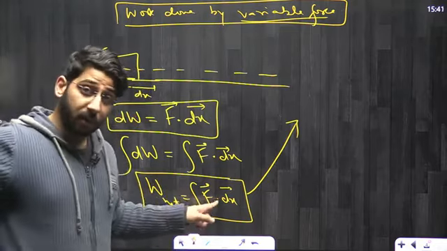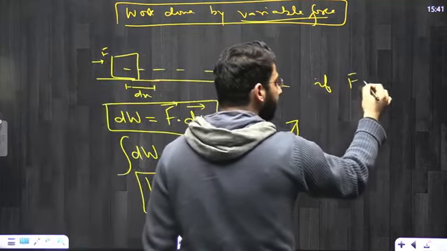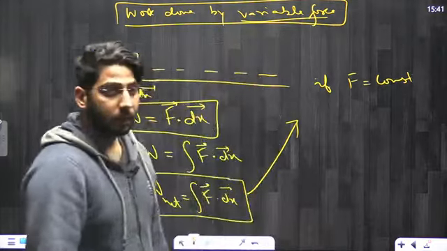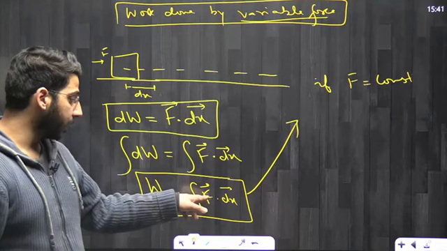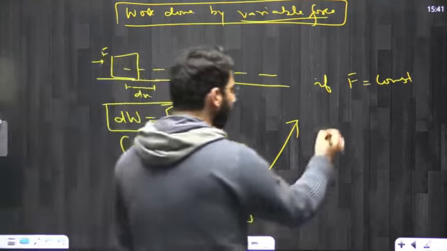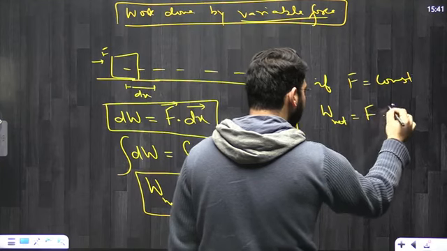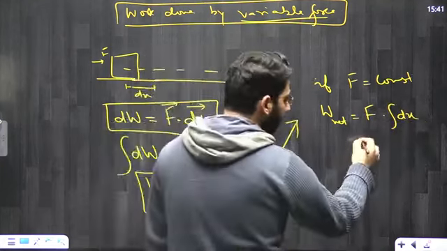So F dot dx is the most general case, and I will get the special case of constant force from here. If F is constant, there is no need of keeping it inside the integral. So I can say that W net is equal to F dot the integral of dx. And what will be the integral of dx?